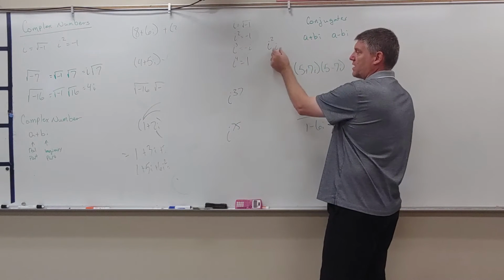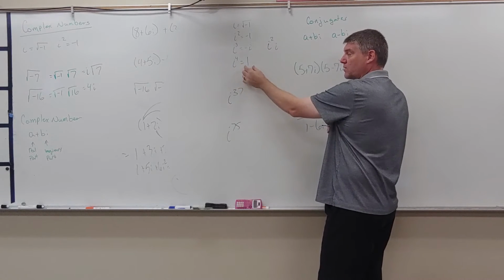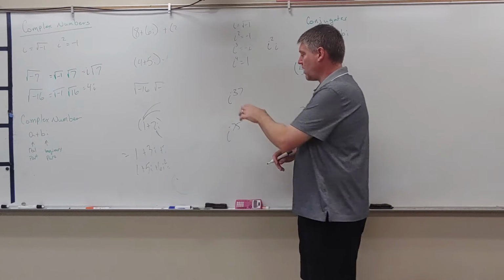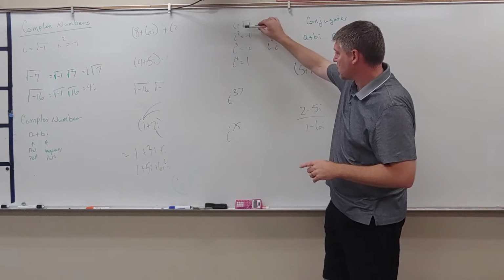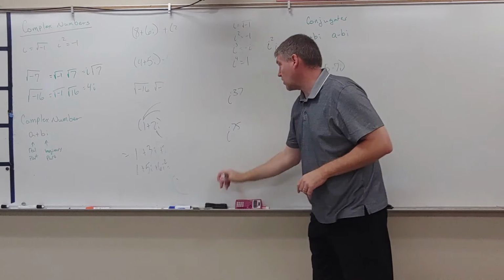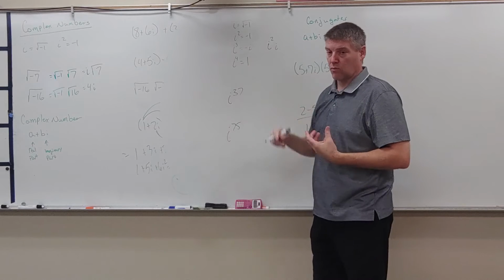This is -1, -1 times i. Now, if I have i to the 4th, that's 1. So now, anytime I have i to a power, I can reduce that down to one of these things. So I'm either going to reduce it down to i, -1, -i, or 1.